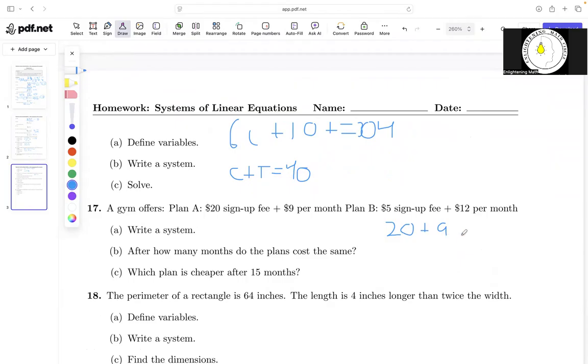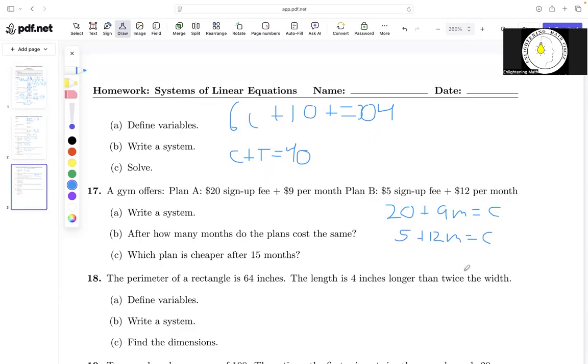Let's use M for month, and then C for total cost versus 5 starting dollars plus 12M also equals C. After how many months do the plans cost the same? One second, let me solve this.